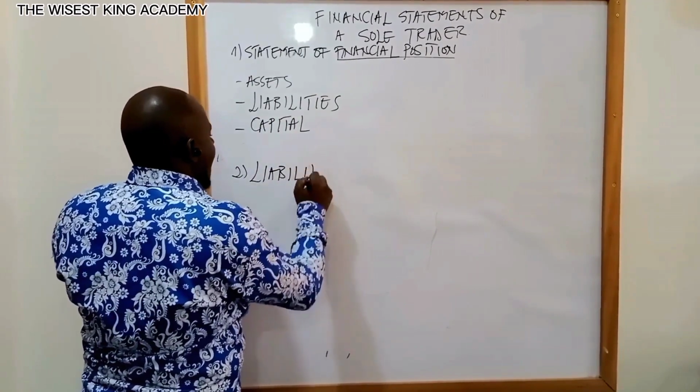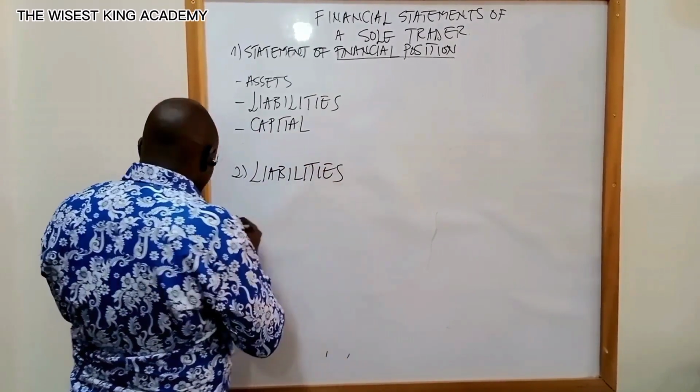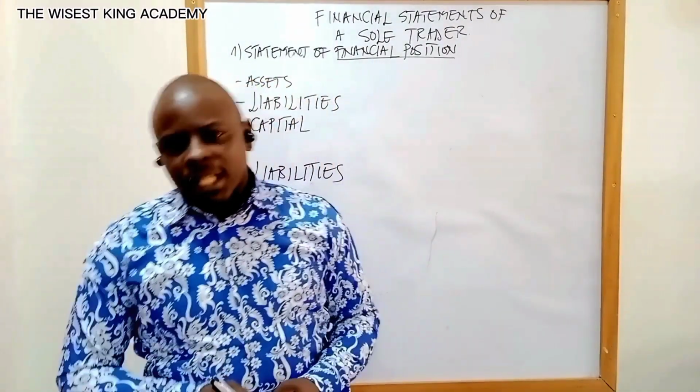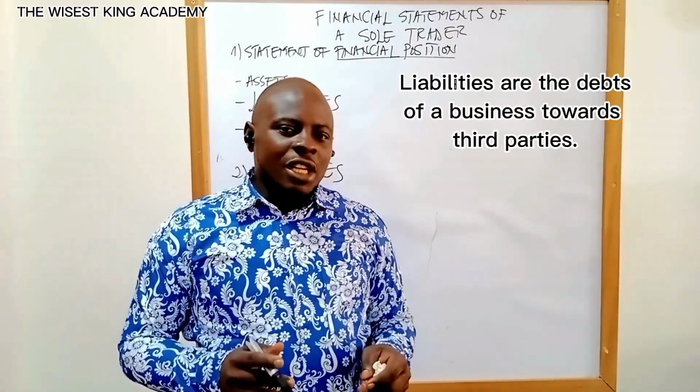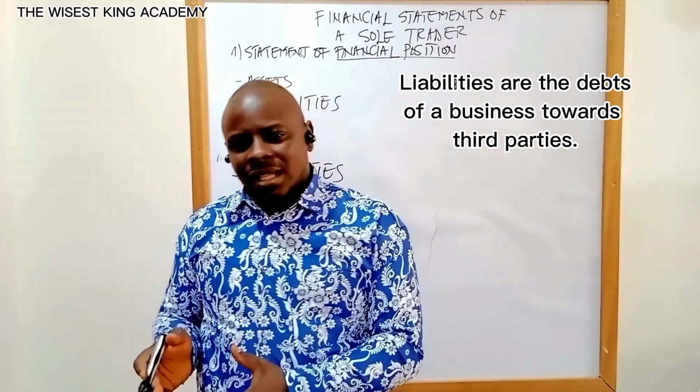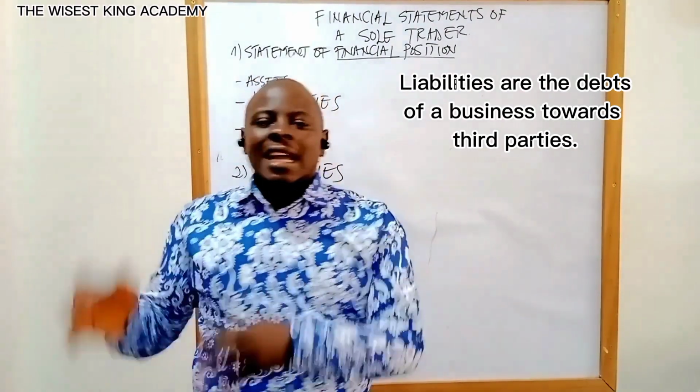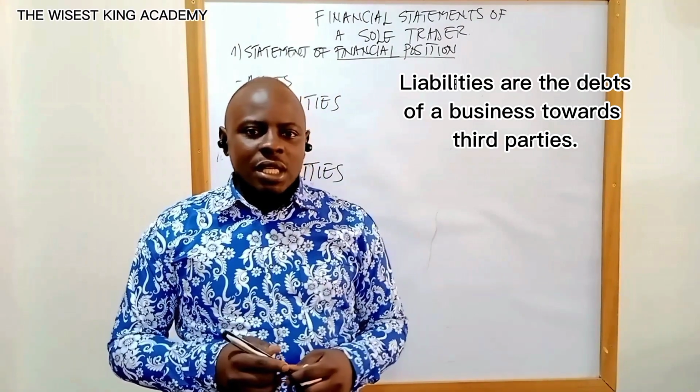Now, what are liabilities? Liabilities are the debts of a business. They are the obligation that the business has towards third parties, towards people other than the owner of the business.